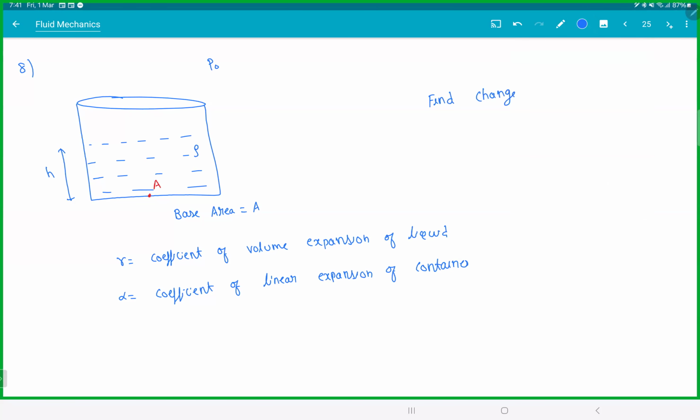So if you change the temperature, the liquid's density will change, the liquid's volume will change, the container will change, everything gets messed up.